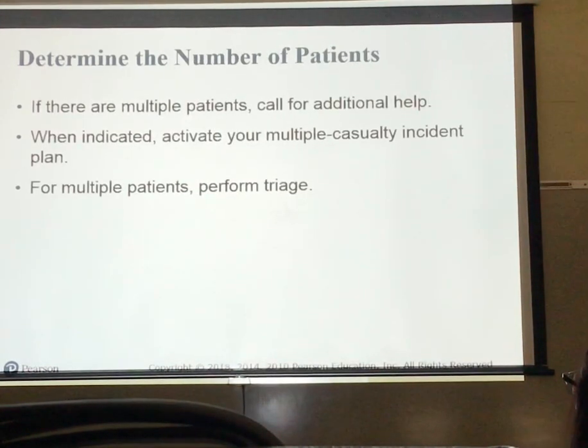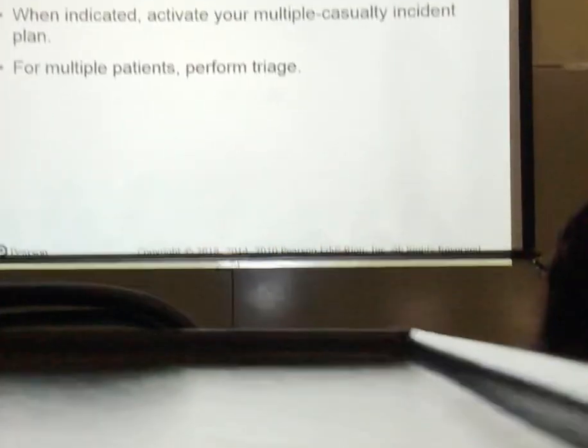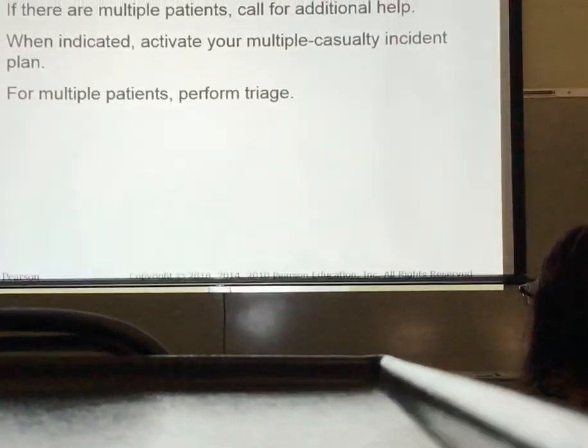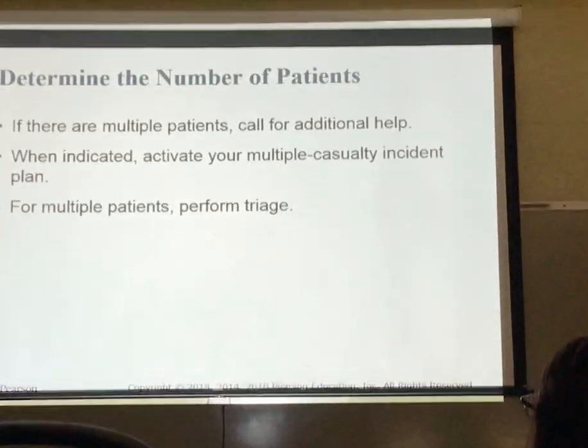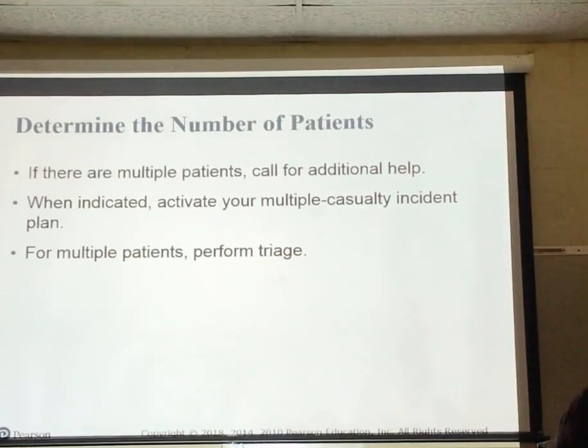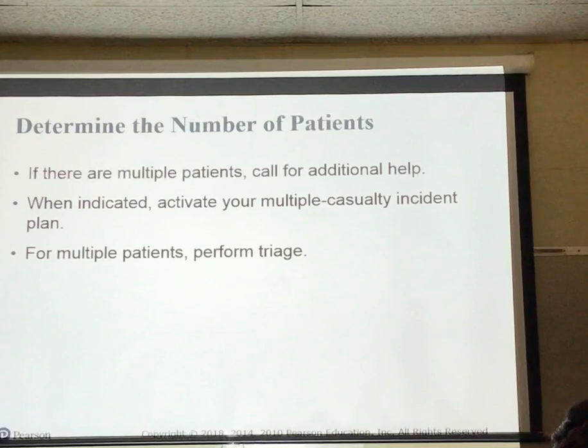The last major element of scene size up is determining the total number of patients. Sometimes this is as simple as a single responsive patient who called for help because of chest pain.